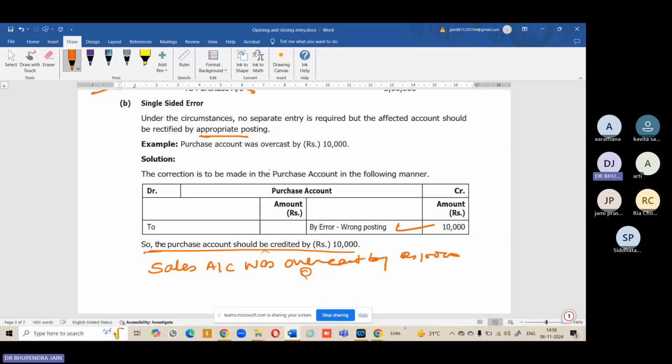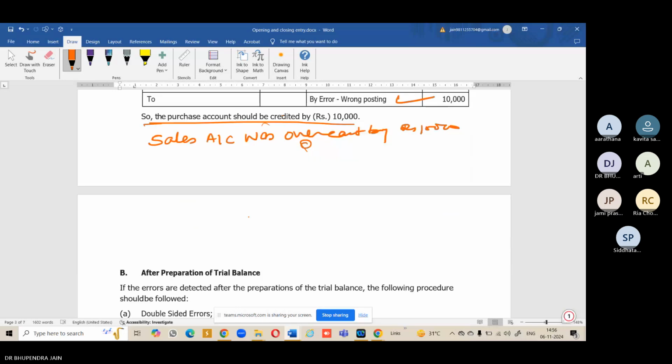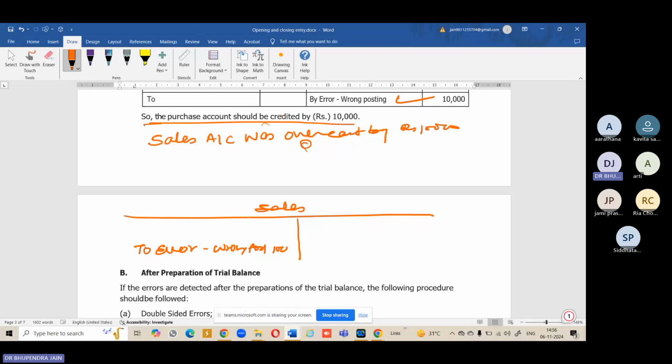The sales balance is credit, and we have overcast rupees 10,000 in the sales account. Then how to rectify the entry? To error, wrong posting. How much? 10,000.